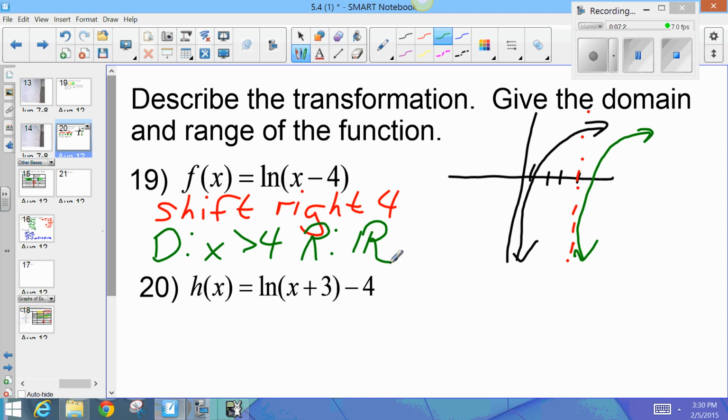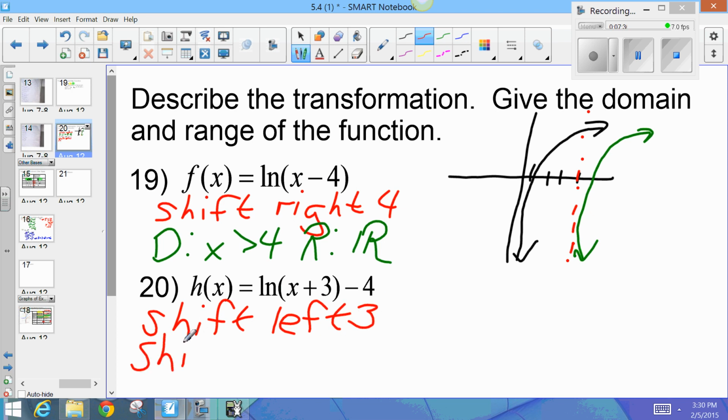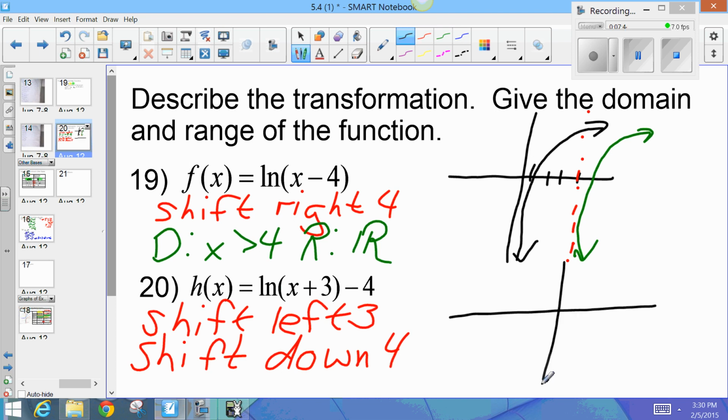All right, problem 20. This is a shift left 3 and shift down 4. Let's draw it. Here's the parent graph. Then it's going to move to the left 3, so the vertical asymptote is going to be here. Then it's going to move down 4.